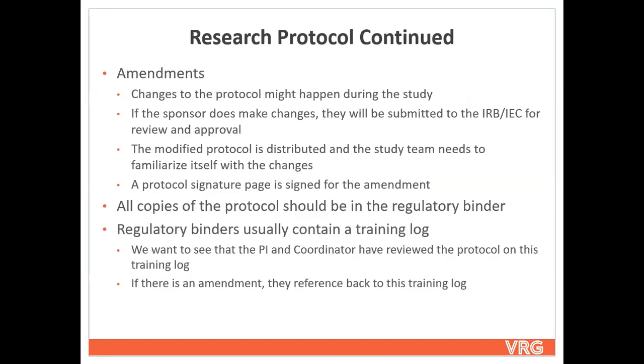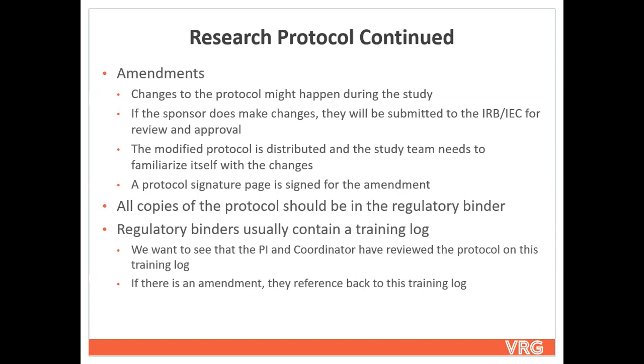And sometimes during the duration of the study, there might have to be changes made to the protocol. Those changes are called amendments. And if that is the case, that a change is made to the protocol, then those changes will need to be submitted to the IRB and IEC for review and approval as well, just like the initial protocol.